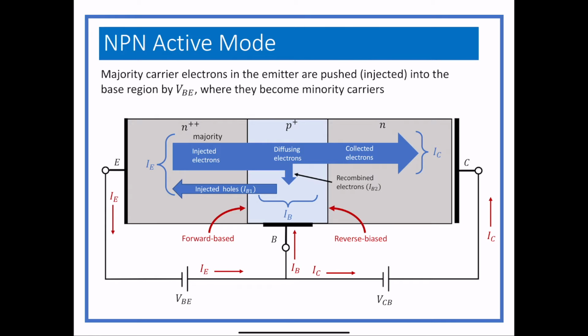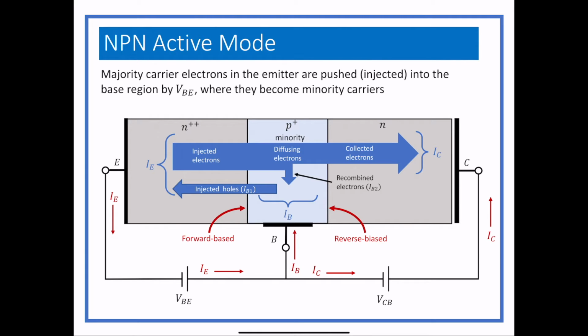Because you have a negative charge at the emitter, it's pushing the electrons away. So it's pushing electrons into the base region. They're majority electrons when they are in the emitter region, and then they move to the base region and become minority carriers because now they're in the base region, there's lots of holes, there's only a few electrons.